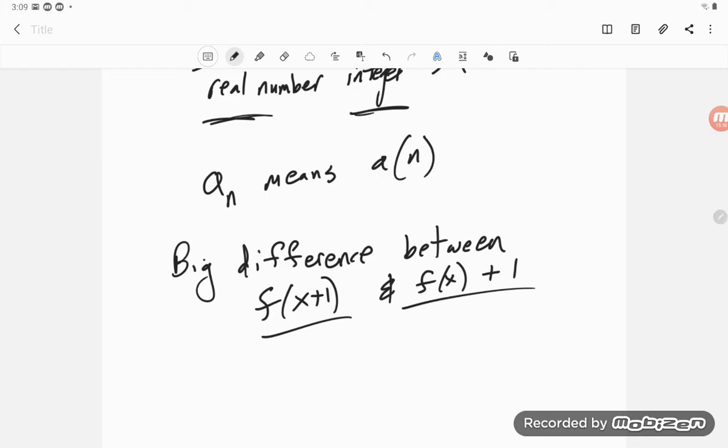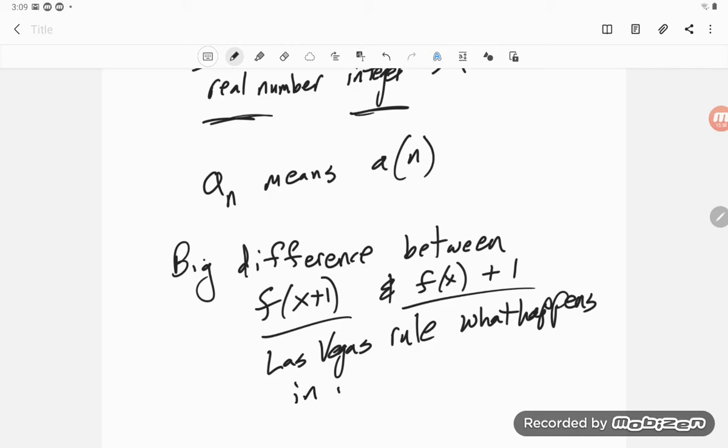Now, I kind of call this the Las Vegas rule, okay, because I look at it as what happens in parentheses stays in parentheses.